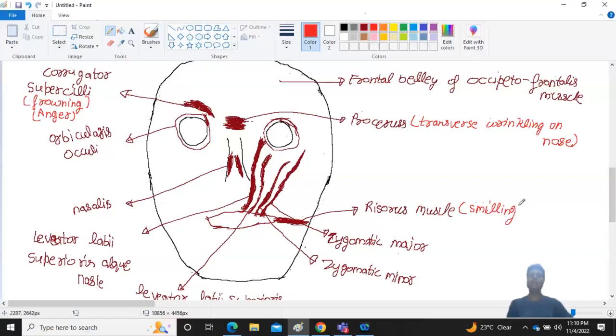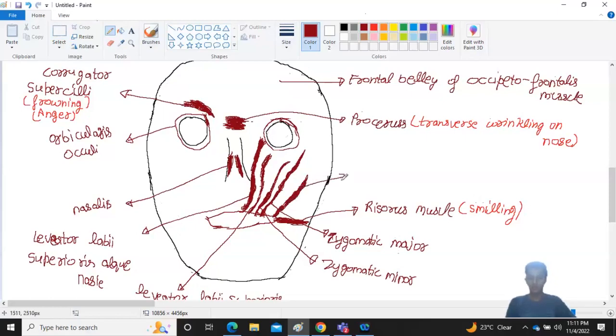Done. And there is another muscle present here which helps in elevating the angle of the lips. You can write which helps in lifting the angle, just the angle, the end angle of the lip.